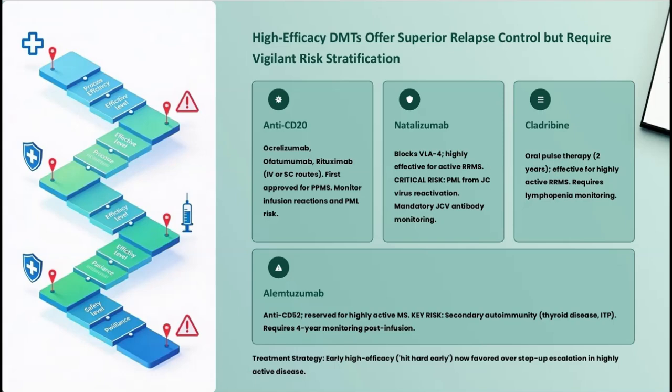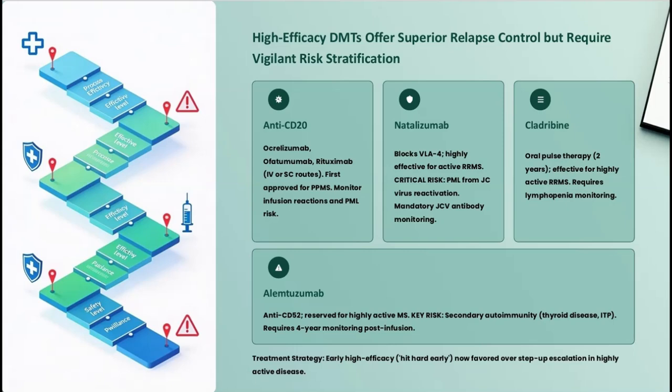However, the major concern is progressive multifocal leukoencephalopathy, or PML, due to JC virus reactivation. This makes JCV antibody monitoring essential. Cladribine offers an immune reconstitution approach through pulsed oral therapy, but lymphopenia remains an important safety issue.